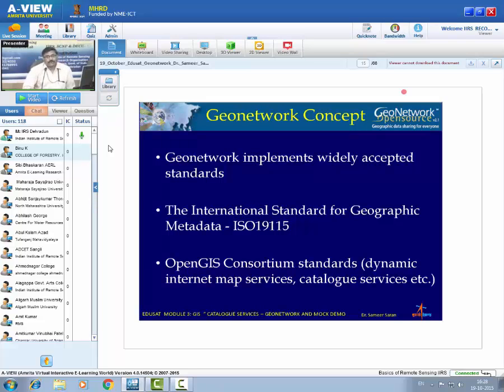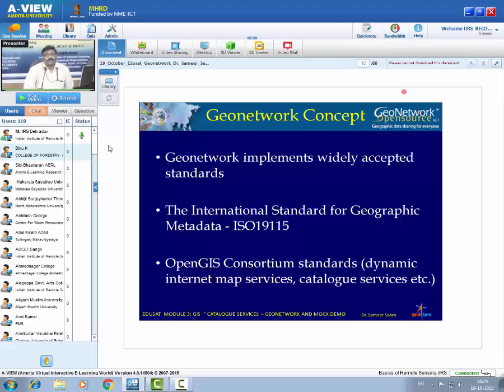Now this entire GeoNetwork makes use of standards. GeoNetwork uses metadata, and this metadata has standards given by ISO, the International Organization for Standardization. They have a working group, TC 211, a technical committee where the metadata standards have been defined, and it comes under ISO 19115.